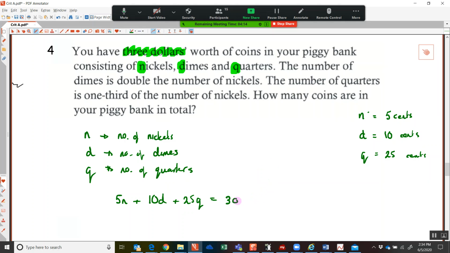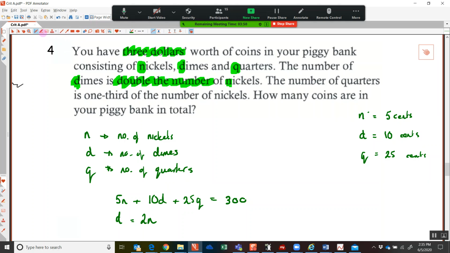300, not 3. Okay, next thing we could say, the number of dimes is double the number of nickels. So dimes is equal to 2 lots of n. Okay with that, guys?